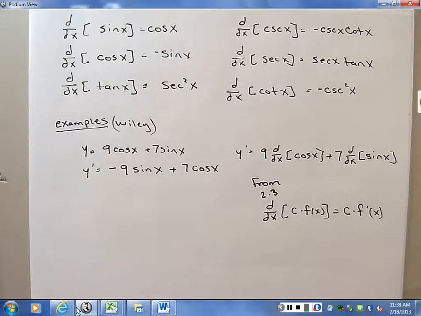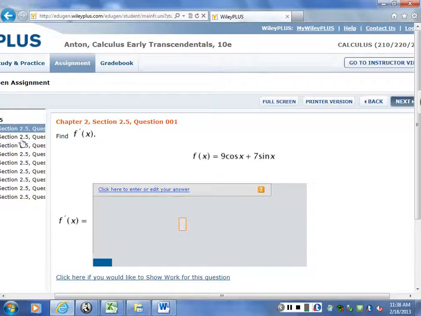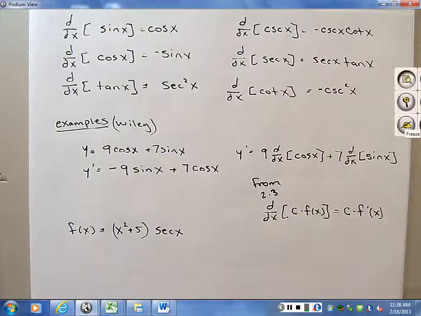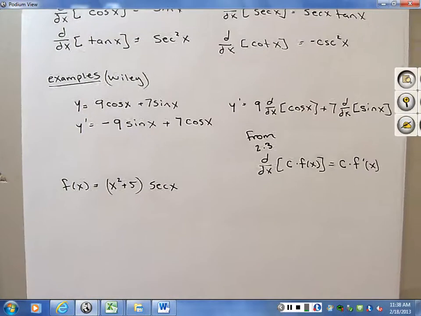Okay, so let's look at a few more on Wiley. This problem, we're looking for the derivative of this function. You could expand it and deal with it, or you can just use the product rule.